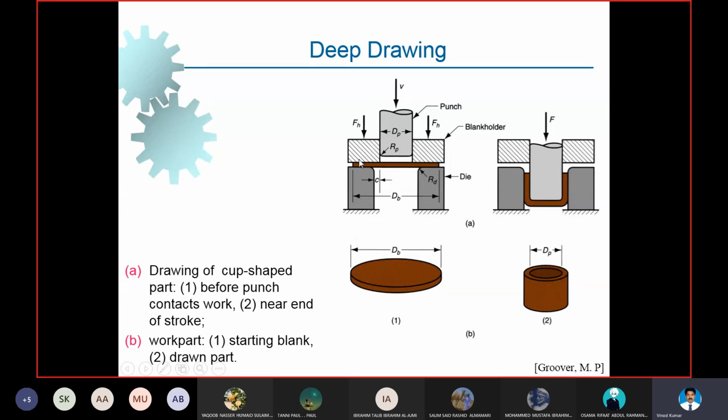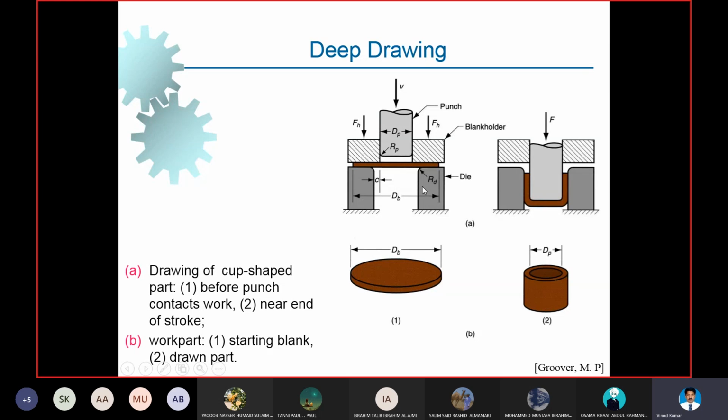As you can see here, the first figure represents the drawing operation before the punch starts moving. The diameter of the punch is dp, and the diameter of the blank, the work material, is db. There is a clearance between the punch and the die, represented as c, and the force applied for drawing is F. As the punch moves downwards, in the second figure you can see the material getting squeezed in the clearance area.